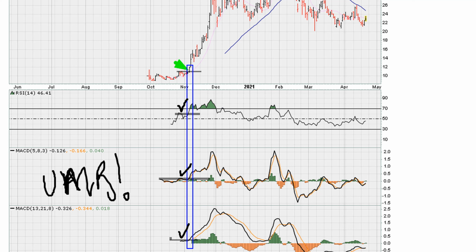Again, another example. And actually I went back and just checked. Believe it or not, our initial breakout alert came right here on October 27th. And I'm actually impressed that I was able to see this at the time. RSI was also moving to fresh highs. MACD was just punching to all-time highs as of October 27th.